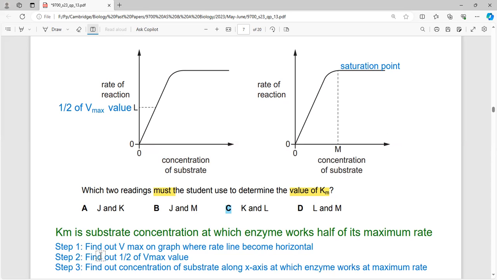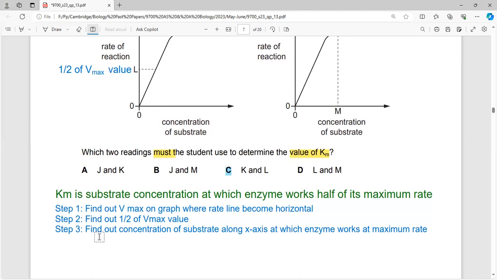Step number 1 is general, but step number 2 and step number 3 are a must. You have to take step number 2 and step number 3.